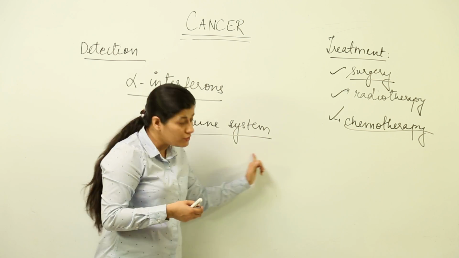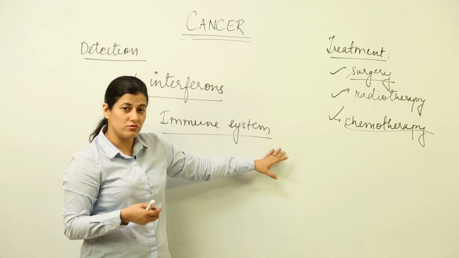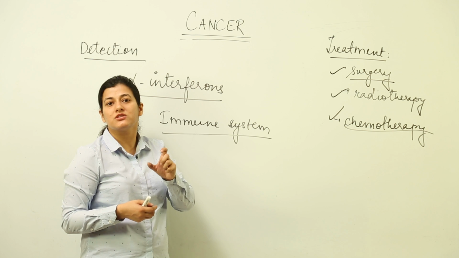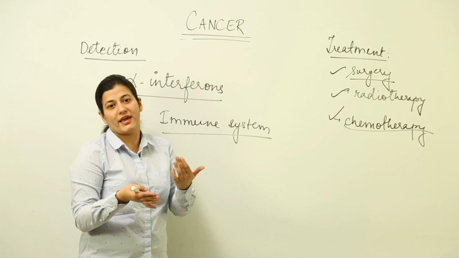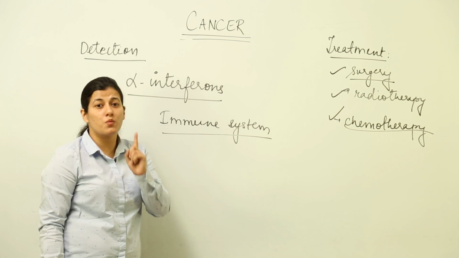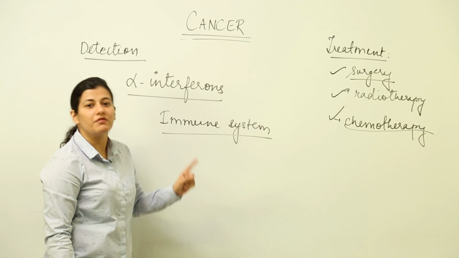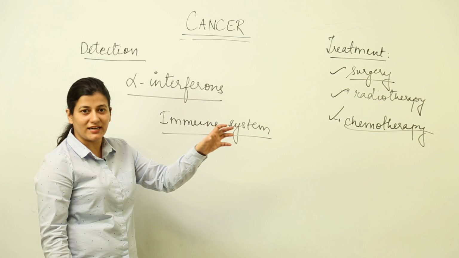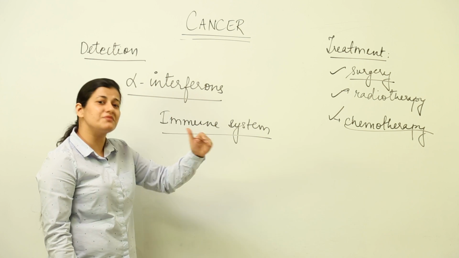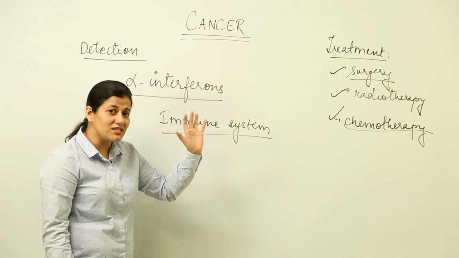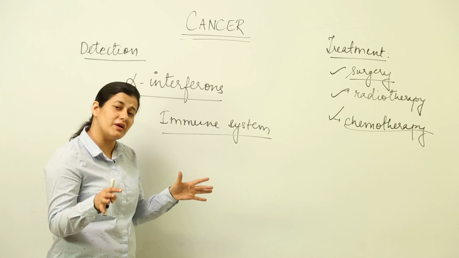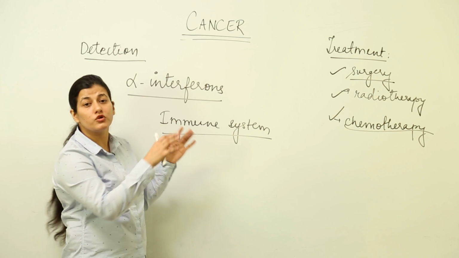So that part of the immune system which detects whether the cell is cancerous or not is deceived by cancer cells. Cancer cells are very clever in deceiving the immune system. Even if the immune system is able to detect that there is cancerous growth, it deceives very well. It takes over the machinery of the cells which are going to come and kill over there. They are deceived very well, and the immune system could not work.